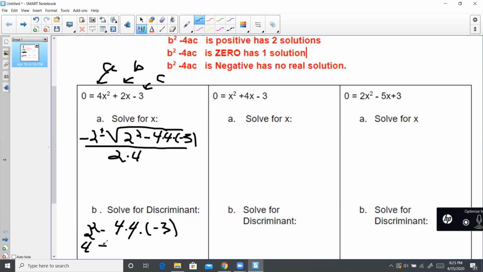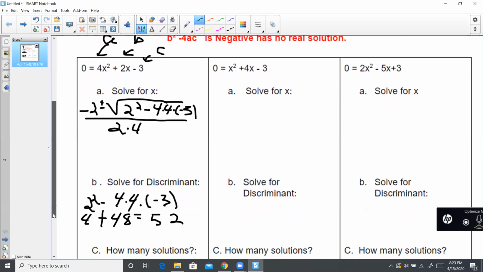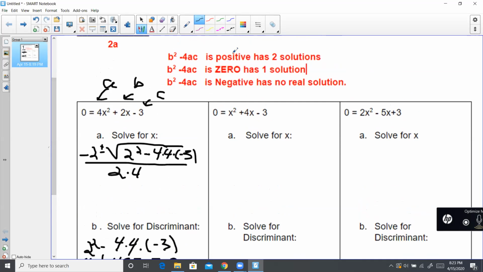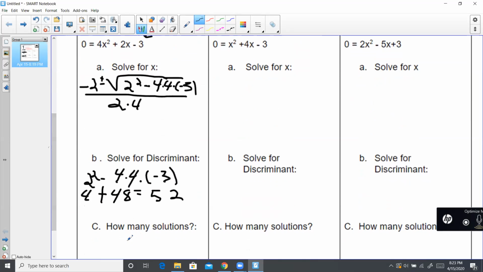This is a negative, so it's going to be a plus 48. That gives us a 52, so our discriminant is 52. Because our discriminant is positive, this quadratic is going to have 2 solutions, so we're going to put a 2 right there.